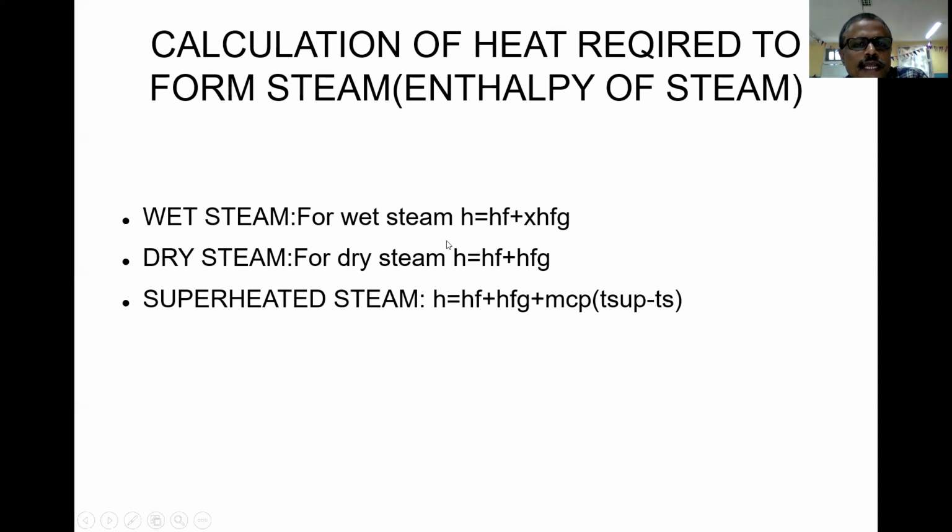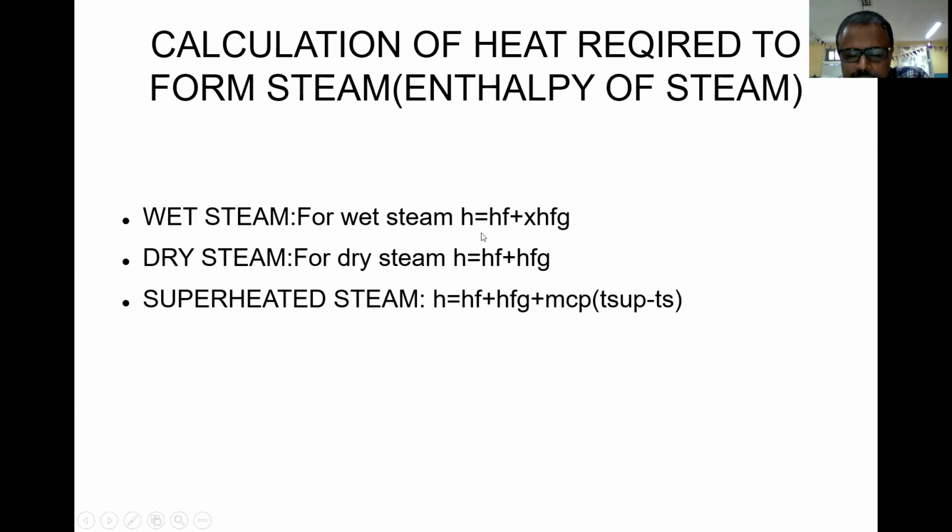So what is the heat required for converting water into wet steam? For wet steam, heat required is H equals hf plus x into hfg. The hf value is obtained in the steam tables corresponding to pressure P. x is the dryness fraction of the steam. hfg is the latent heat of vaporization.